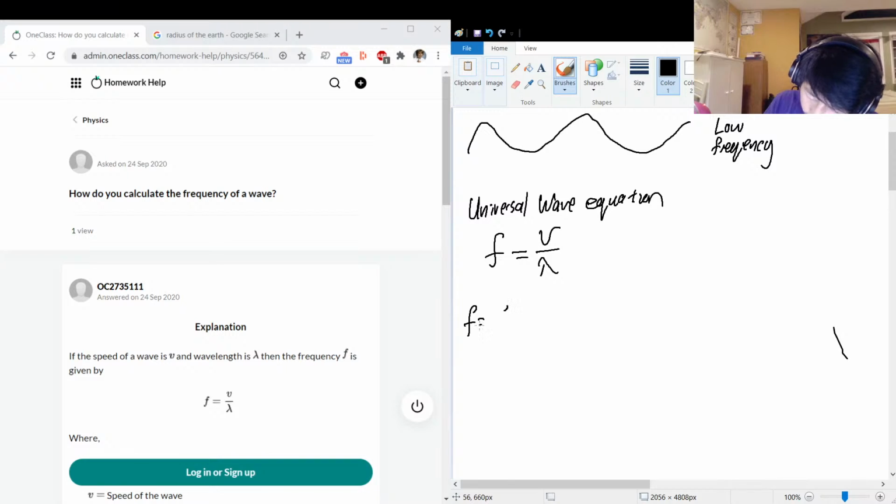F is the frequency. V is the speed of the wave. And lambda is the wavelength.